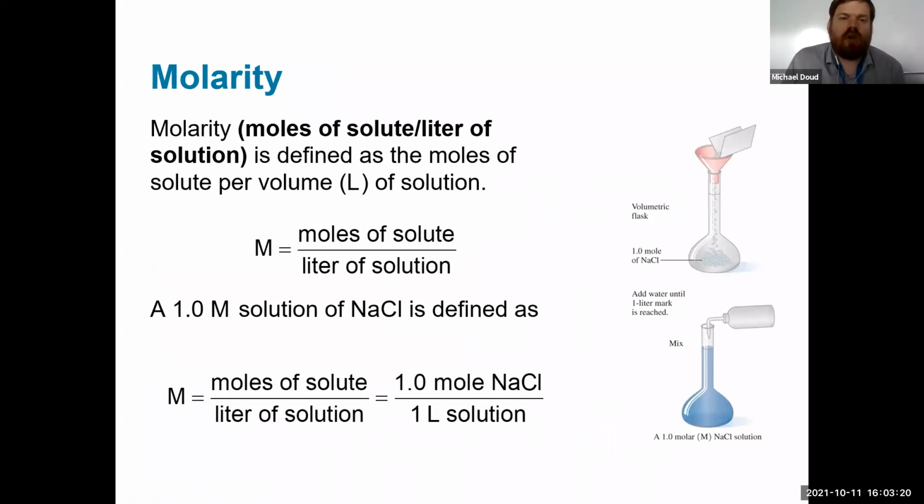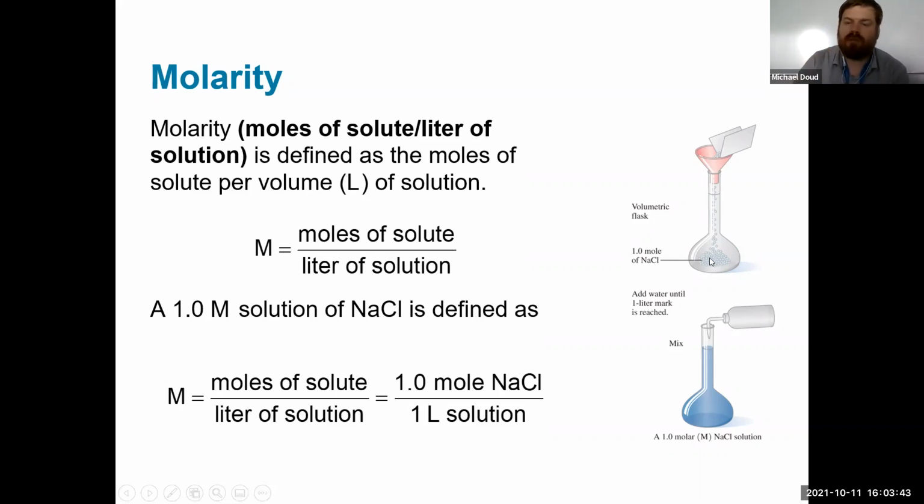And then finally, we have molarity. Now, molarity doesn't really show up much outside of the chemistry lab, but it's very useful inside the chemistry lab. So that's why we teach it as one of the important concentrations here within the context of a chemistry class. Molarity is always the moles of solute divided by the liters of solution.